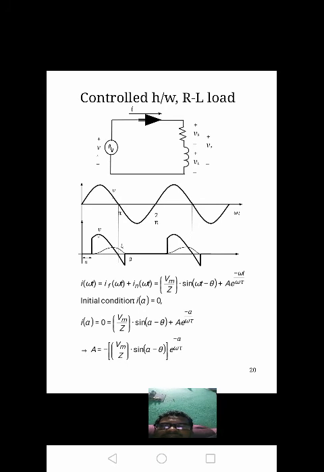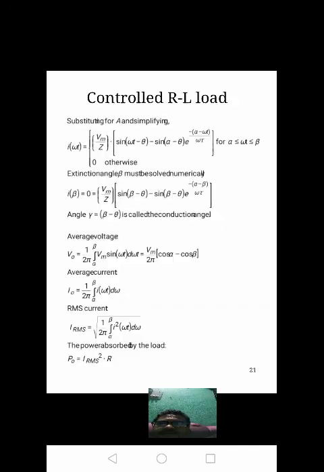Similarly, we find the value A is equal to minus Vm by Z into sin of alpha minus theta into e power alpha by omega tau. This is the current constant value A. Then we substitute it in the previous equation to get i of omega t.